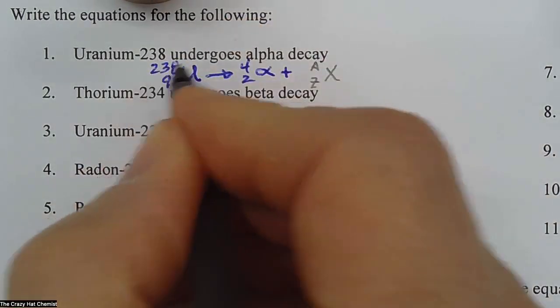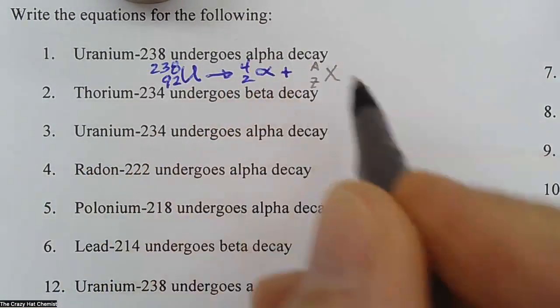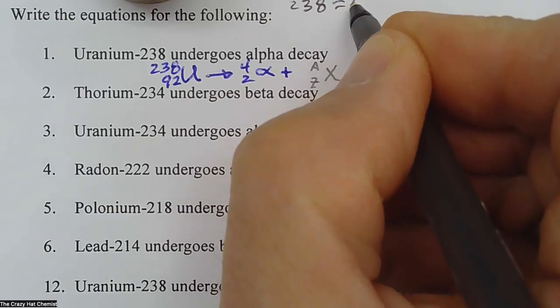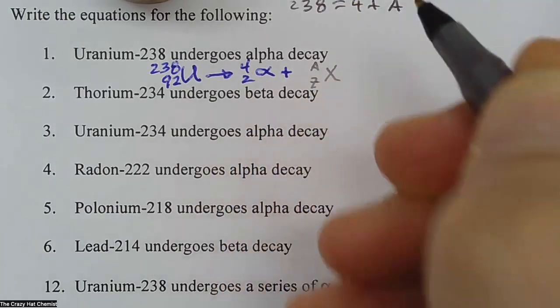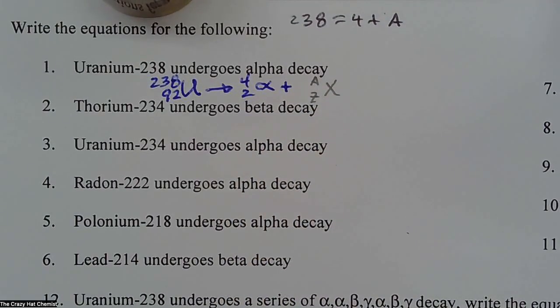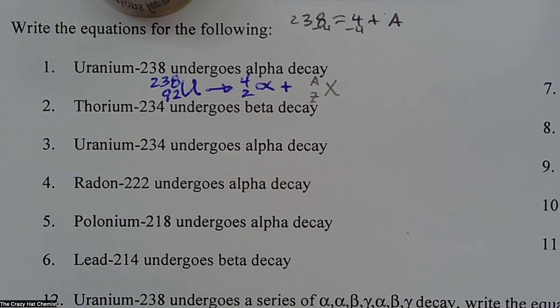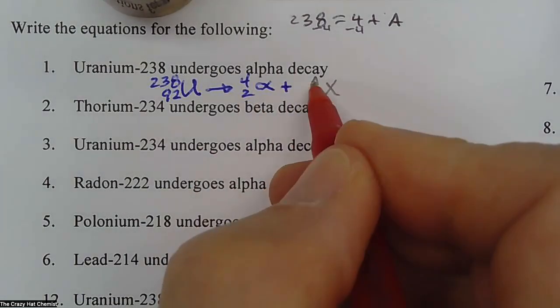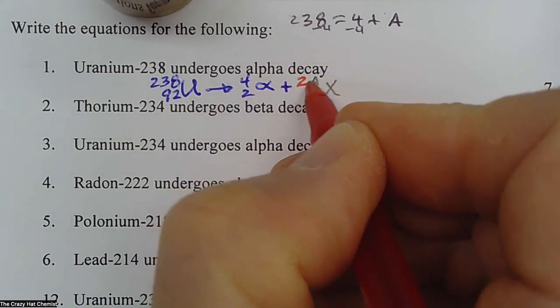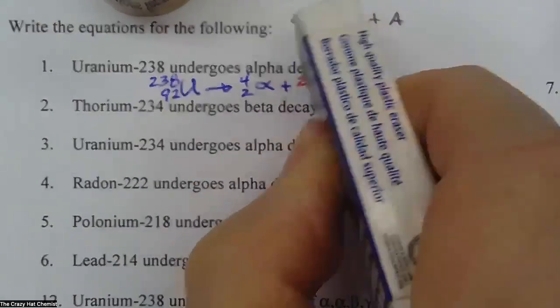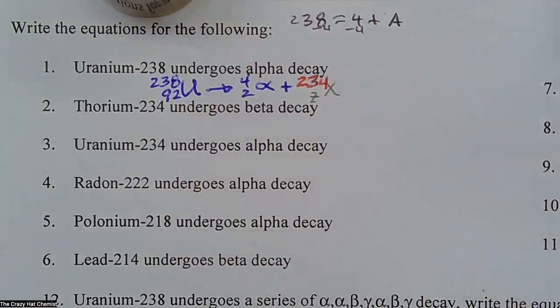We're going to take the numerator, and the numerator is as follows: 238 is equal to 4 plus A. What we're doing is solving for A. So we're going to subtract 4 on both sides, and we get 234. So our A is 234.